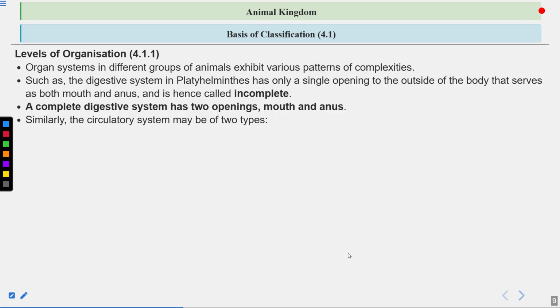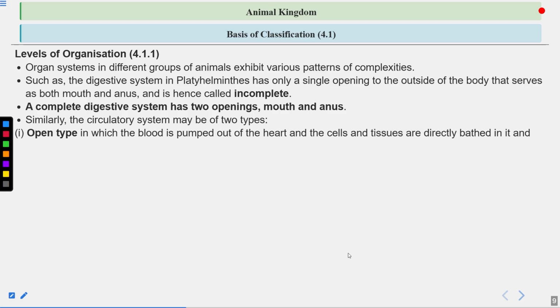One example we have seen is the digestive system, incomplete and complete. Similarly, we have two types of circulatory system. First, the open type. What happens in that? We have a heart, and what is the function of the heart?